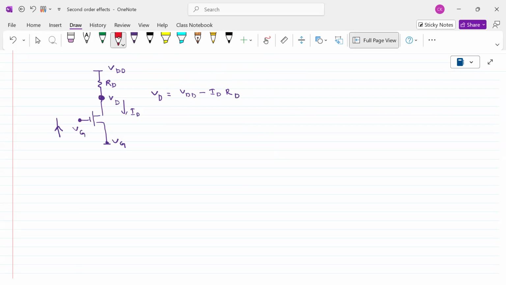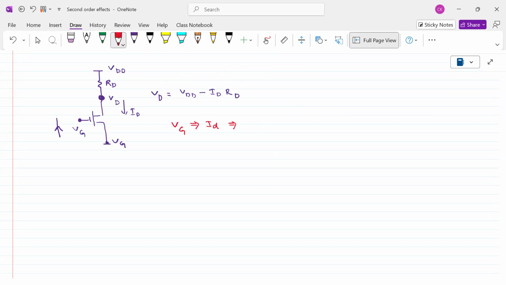When VG is increasing, what increases? It leads to ID increasing, right? If you increase the gate potential, the current will flow at a particular value of VD, but if you keep on increasing VG, then the current increases. If the current increases, what will happen?